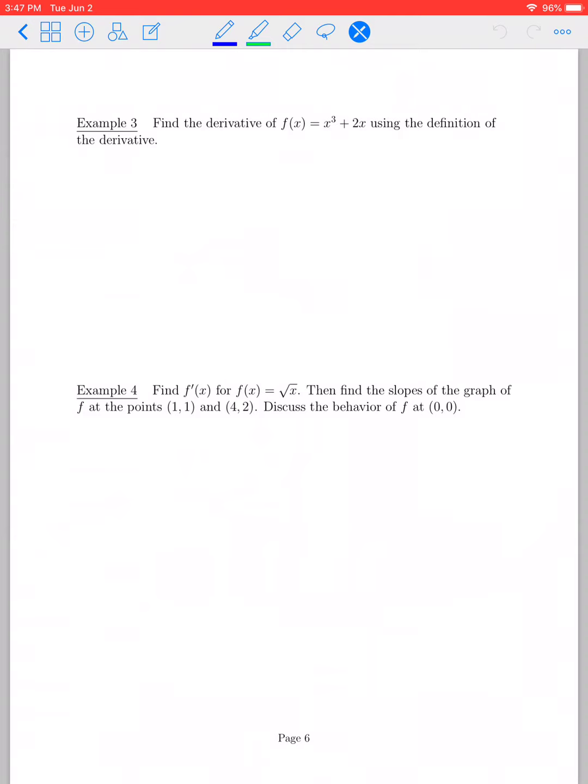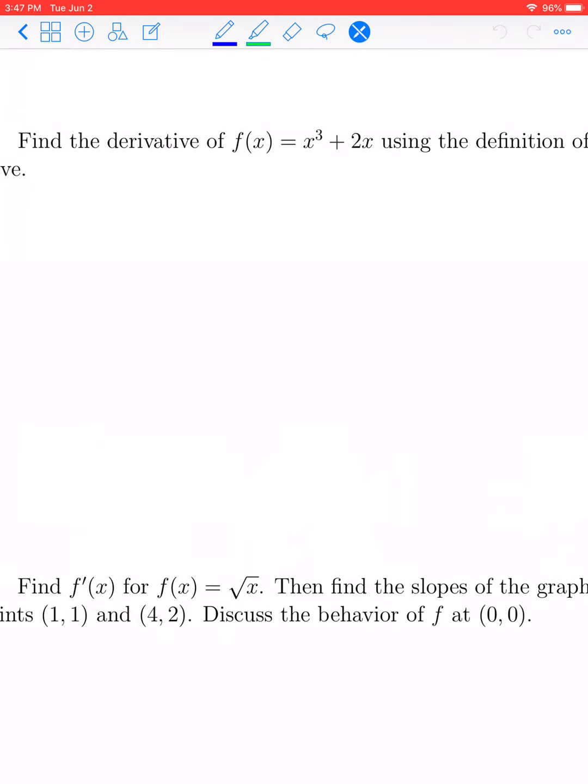Let's take a look at example 3. We're asked to find the derivative of f of x equals x cubed plus 2x using the limit definition of the derivative.